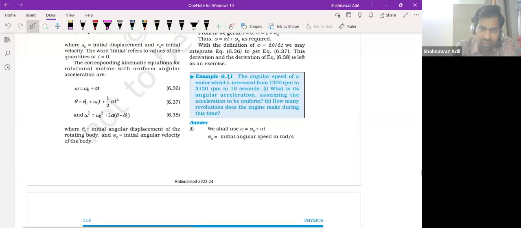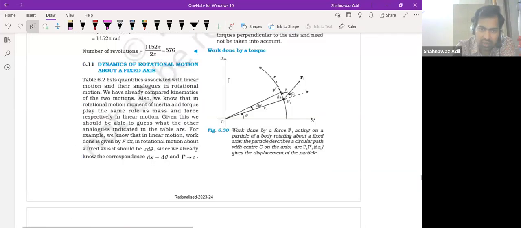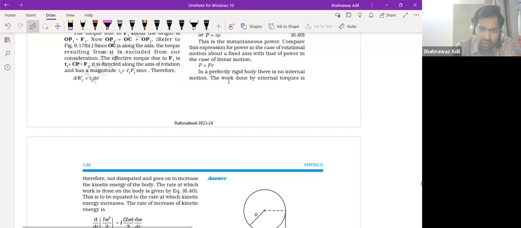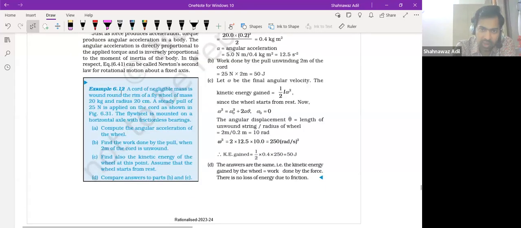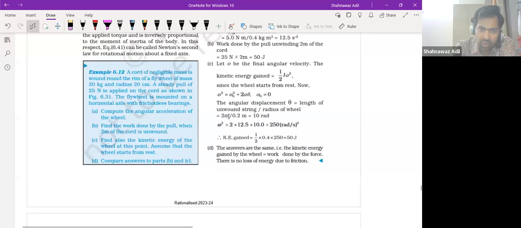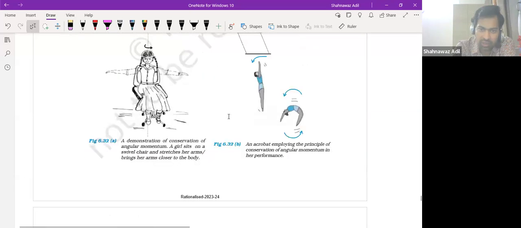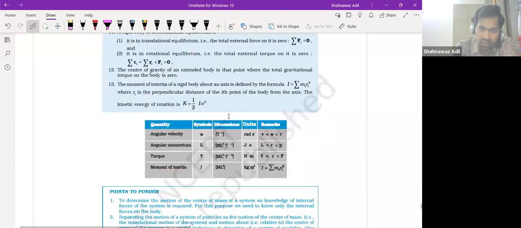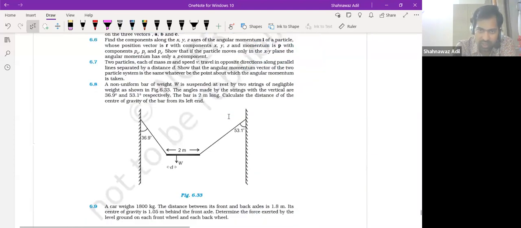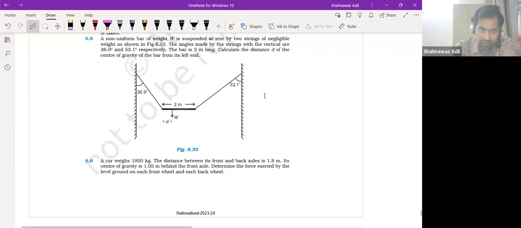Problems 6.11 and this one also, 6.12. If you guys do these 2 problems, then you'll understand whatever we have done. But yeah, we have to do this problem.